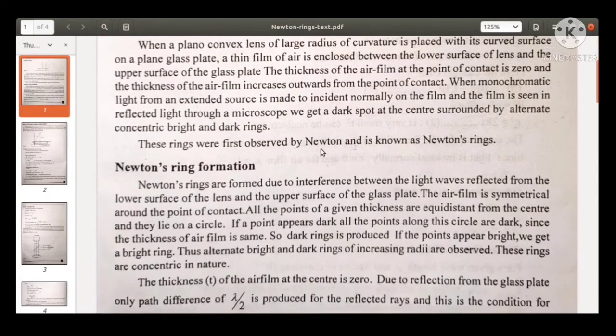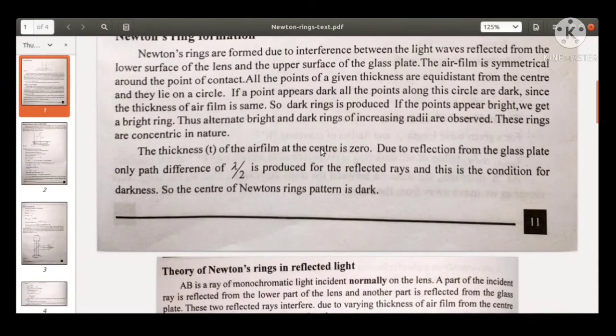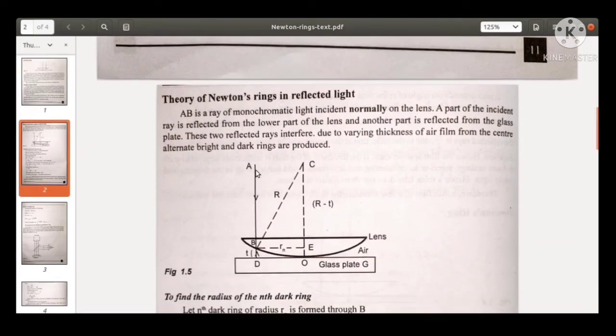So this can produce only a path difference of lambda by 2, which we have seen in the last class, that reflection from a thin film can cause a lambda by 2 path difference for the reflected rays, and this is the condition for darkness. So this leads to a dark fringe at the central point.